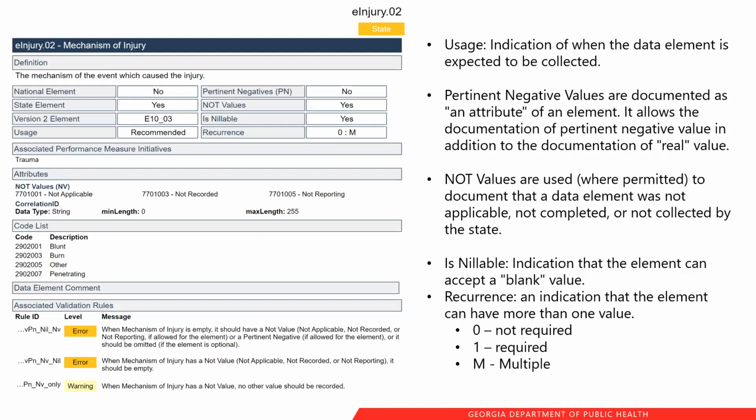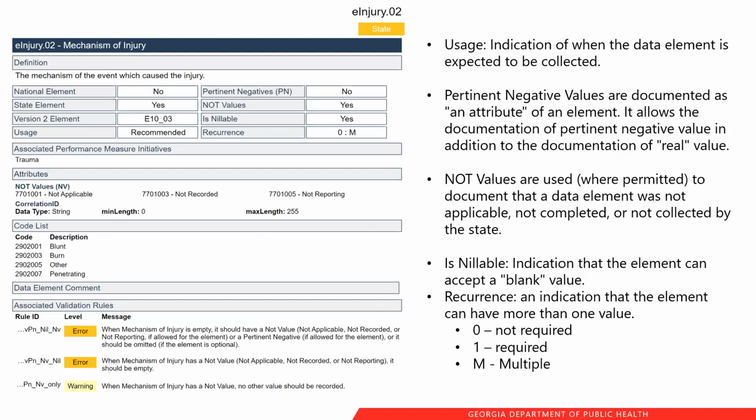So when you click on a particular element, this is what you see, the detailed version of it. So we're looking at E-Injury.02, which is mechanism of injury. And we're going to talk about usage. So you see, is it right there? It's recommended for use. And the options, it can be mandatory, it can be required, it can be recommended and optional.